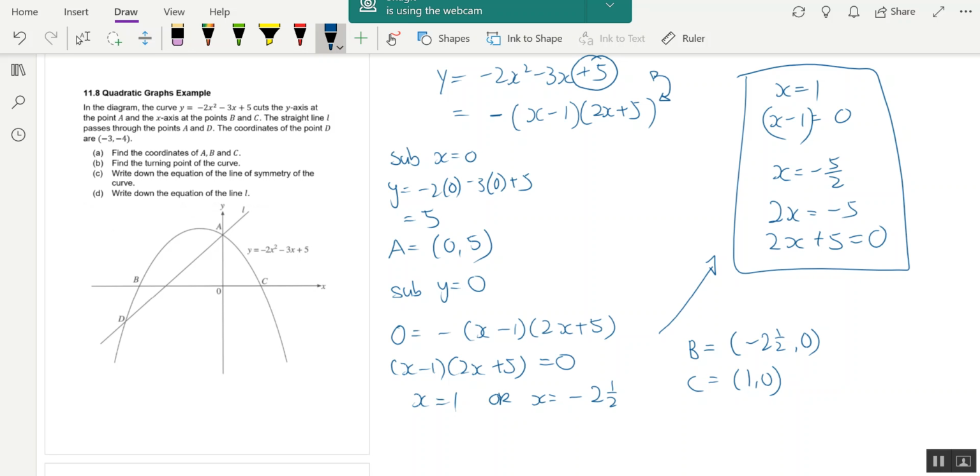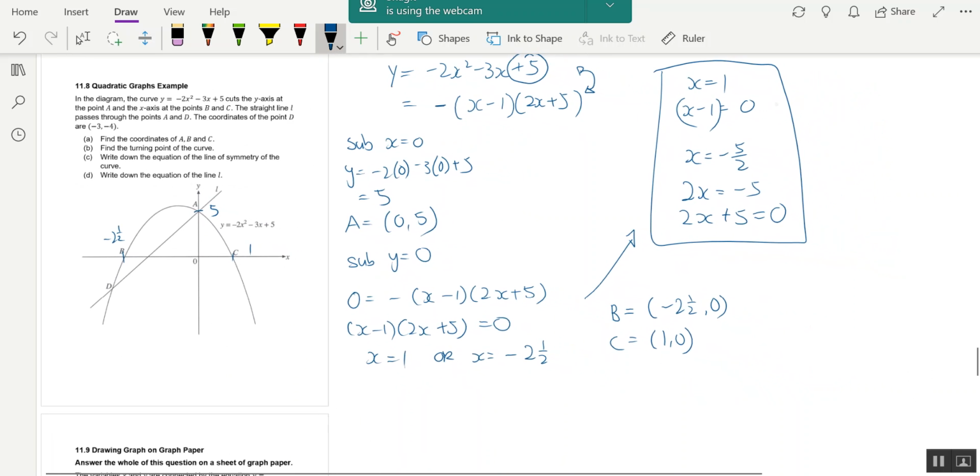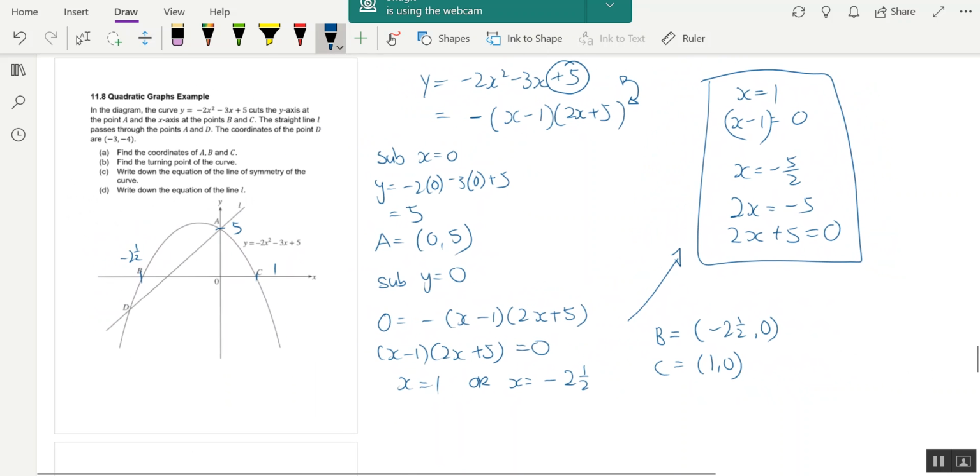Okay, so let's put the things in. I have 5, 1, negative 2.5. Okay, so if I want to find the turning point, let's label the question properly. The whole thing above is for A. Okay, so for B, I want the turning point.